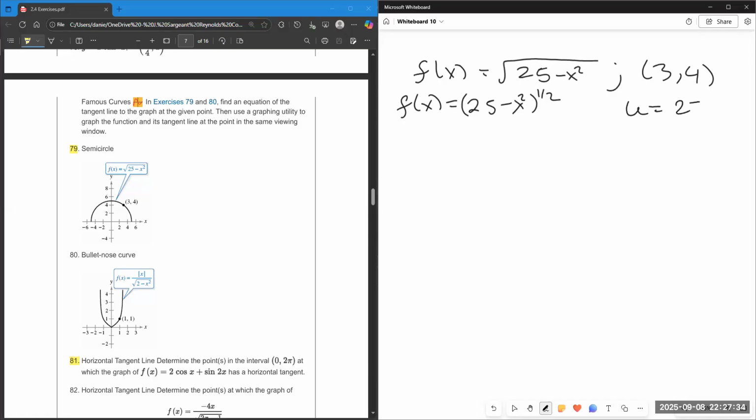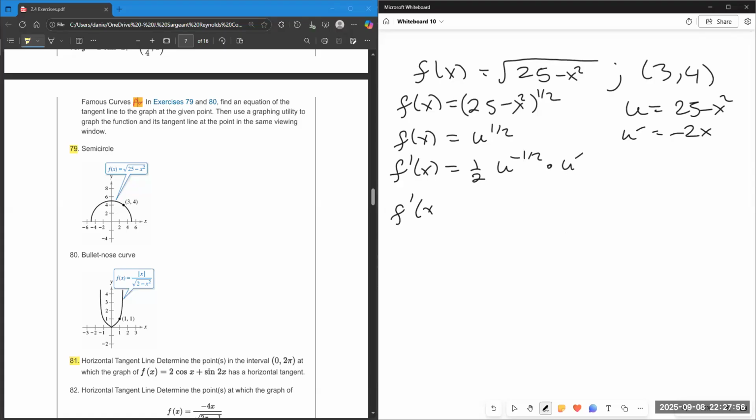U is 25 minus x squared. U prime is negative 2x. F of x is u to the 1/2. F prime of x is 1/2 u to the negative 1/2 times u prime.